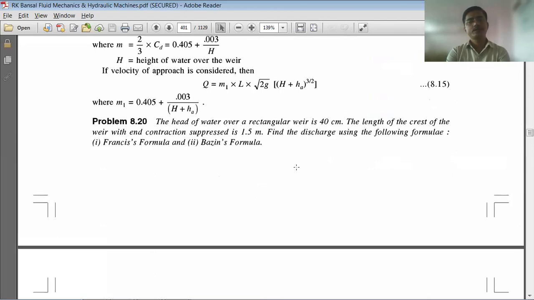With end contraction suppressed, there is no end contraction. Right, so L is equal to 1.5 meter. Find the discharge using Francis formula.